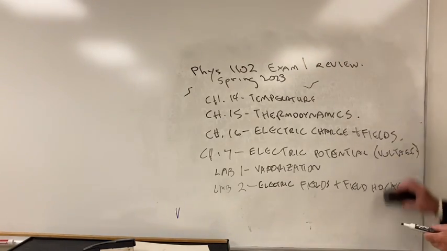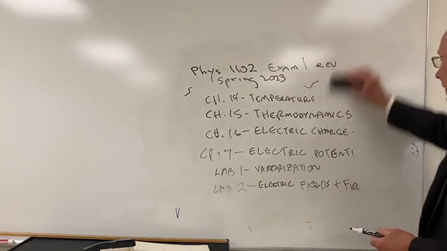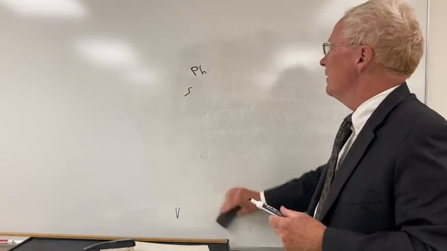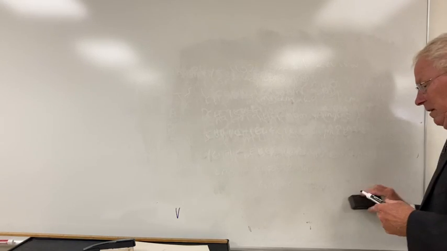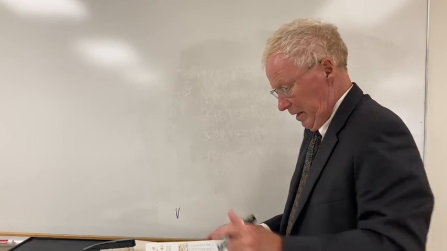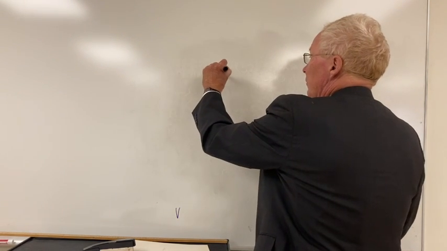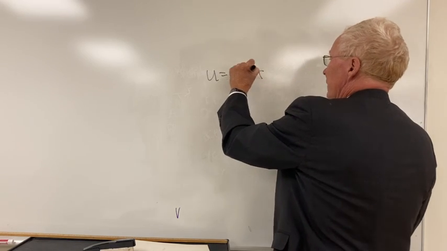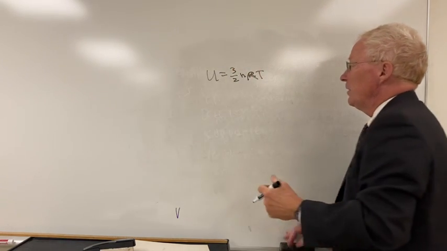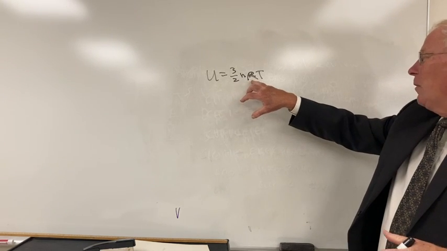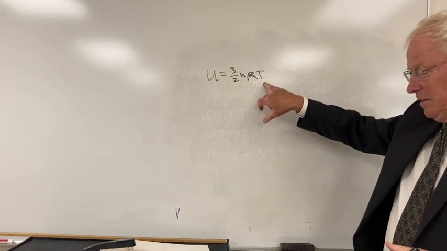For chapter 14, again, there's nothing specifically on chapter 14 being covered. The test is on 15, but just from 14, we have energy, internal energy is 3/2 nRT, right? Don't forget that. Where U is the energy, n is number of moles, R is a gas constant, T is temperature in Kelvin.